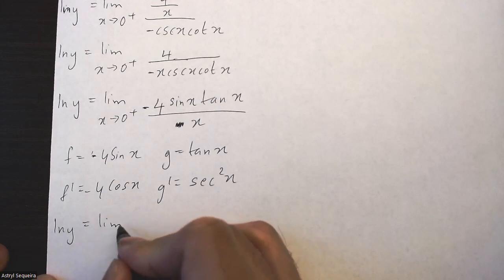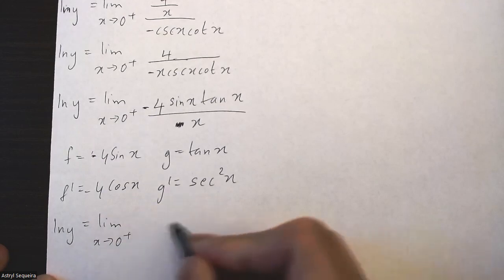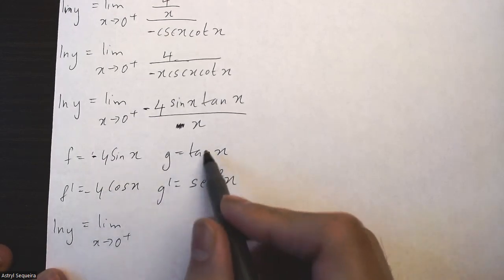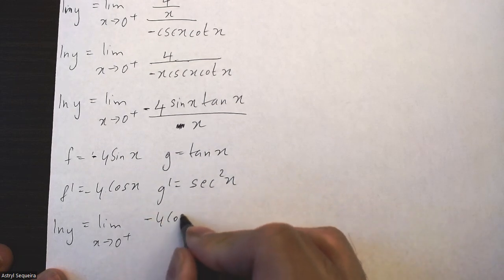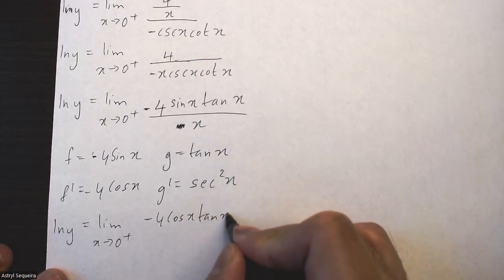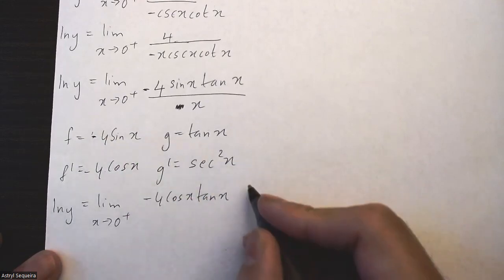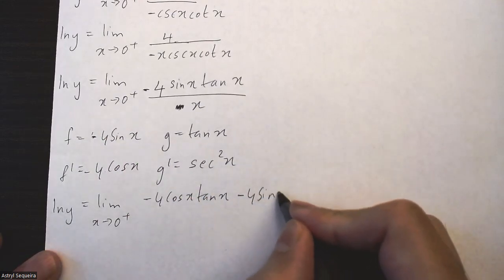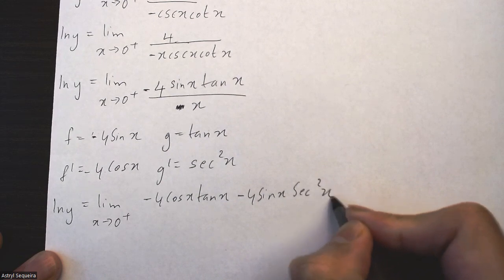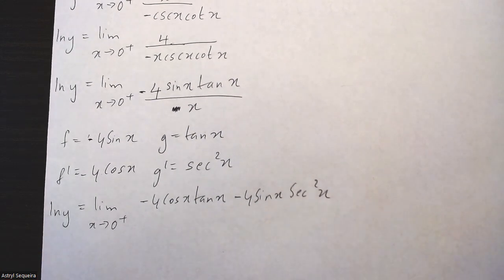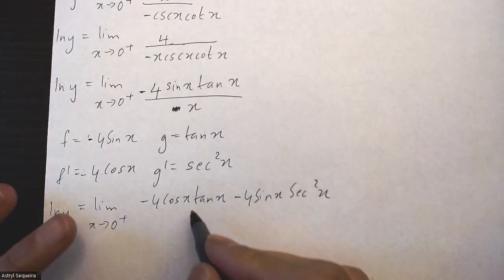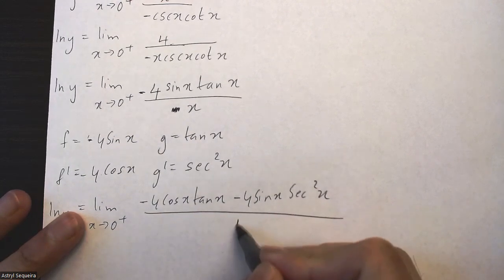On y equals lim x approaches 0 from the positive side. F prime times g is -4 cos x tan x. G prime times f is -4 sine x sec square x. And then this is all divided by the derivation of the bottom, which is just 1.